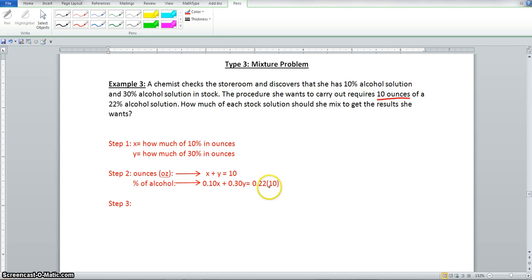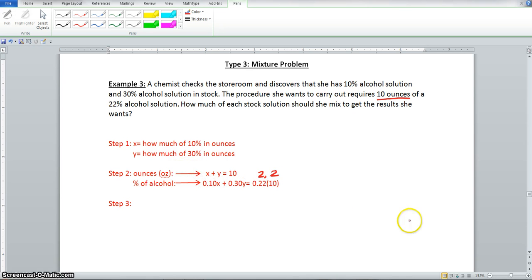We're trying to find a 10-ounce solution of the 22%. So that's why we have 0.22 times 10. Now, when we multiply that out, this is equal to 2.2. So this right here is 0.10x plus 0.30y equals 2.2.